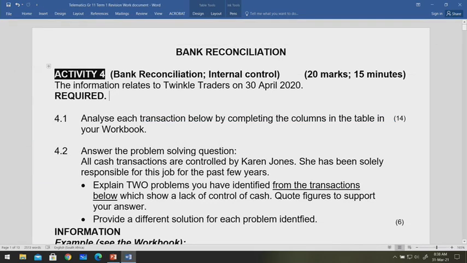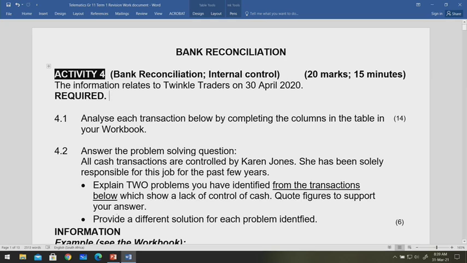Activity 4 says we have to analyze each of the transactions below by completing the columns. So instead of doing the CRJ, CPJ, the bank account, and the bank reconciliation statement, we only have to do it in table format. And then there's an answer about Karen Jones. She has been solely responsible for this job for the past few years. And now we have to explain two problems you have identified from the transactions below, which show a lack of control of cash.